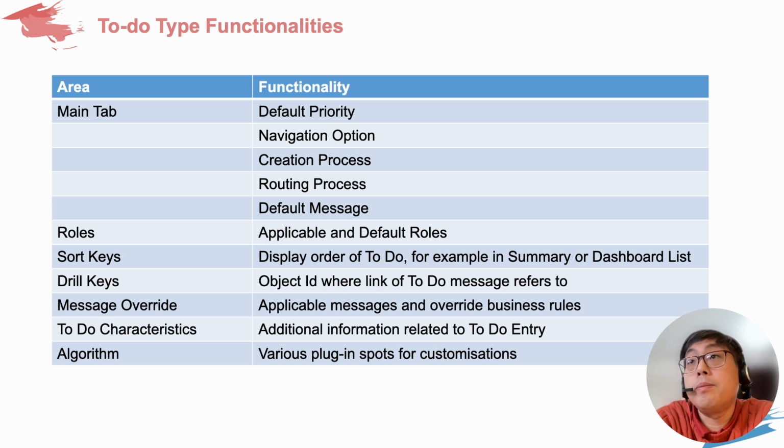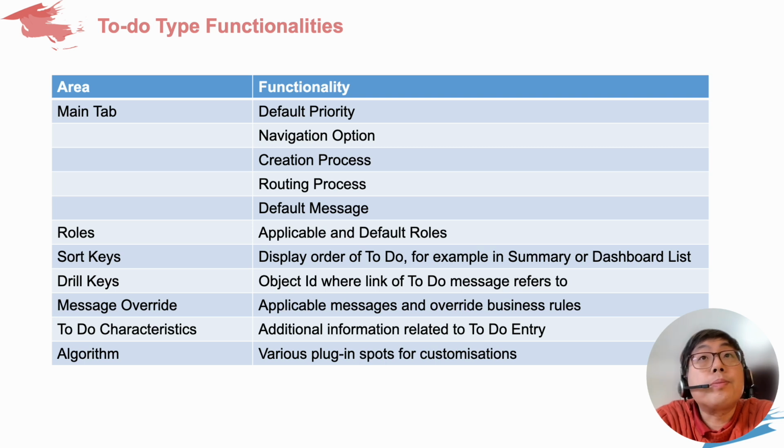If you are using C2M as, let's say, a CRM system, you might want to route the message to a downstream system, for example a field service system, etc. So this is something that can be achieved here. And also the default message: what is the message text, etc.